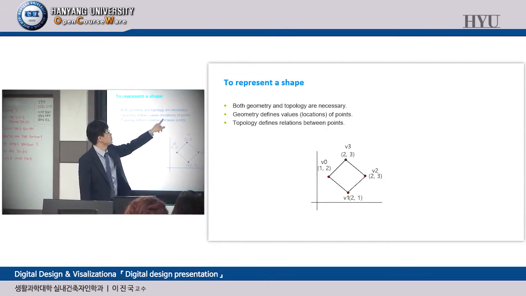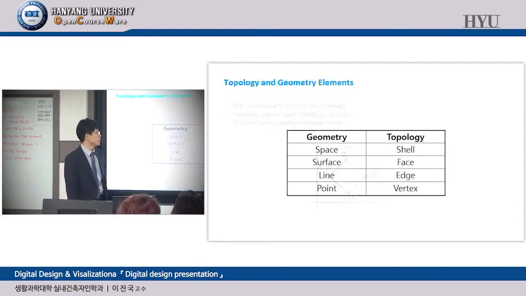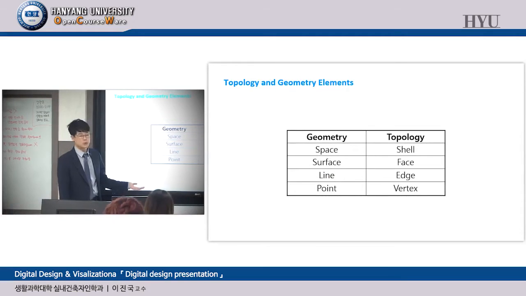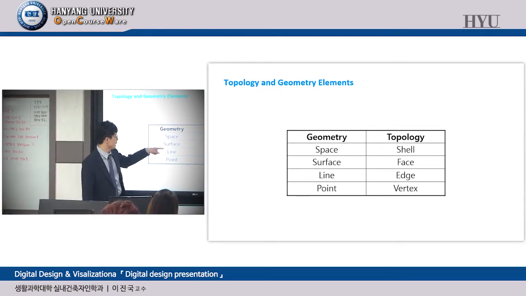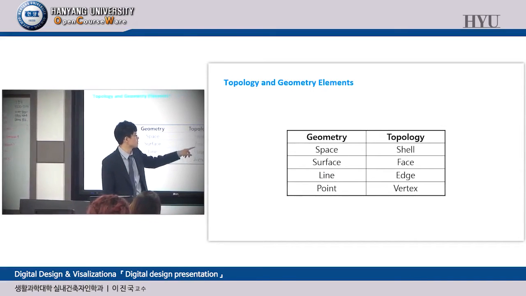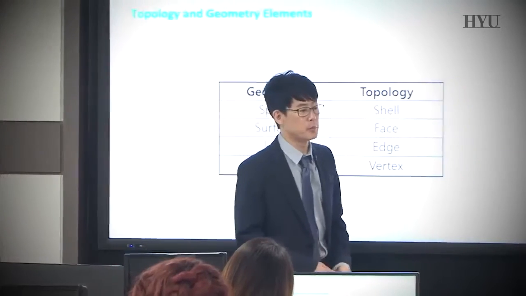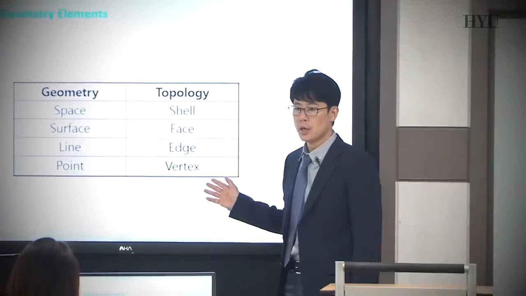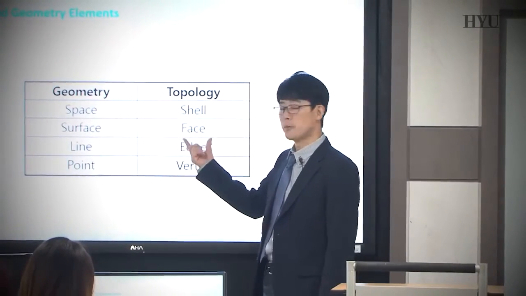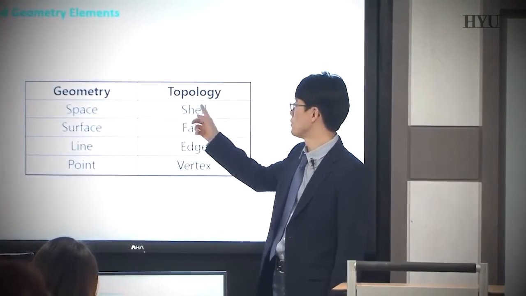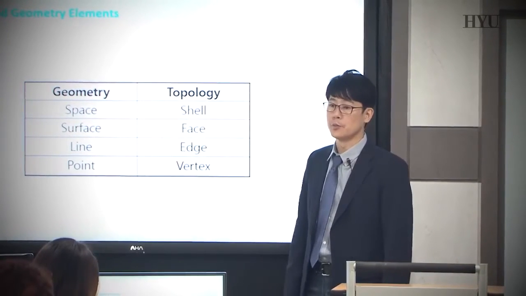Geometry defines values of points, location of points. Topology defines relations between points. Let's take a look at some terminologies. On the geometry: point, line, surface, space. On the topology: vertex, edge, face, shell. Those terms are in 3D Max, editable poly. You are very familiar with those terms, okay? So you can control vertex, edge, face in order to control the final geometry, okay?